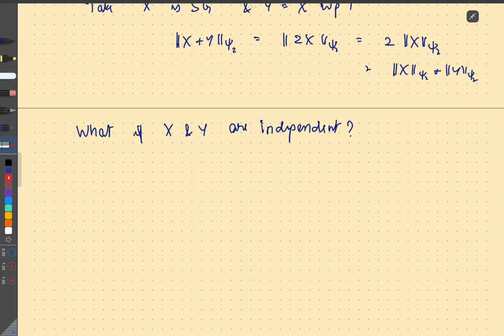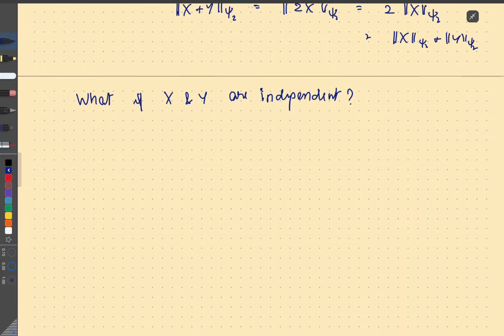Let's see what happens in this particular case. So if x and y are independent of each other, and we'll also make another assumption here: the expected value of x equal to 0, the expected value of y equal to 0. That's an additional qualifier that I'll add.